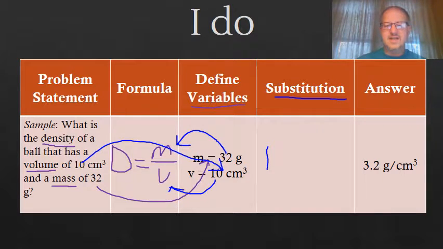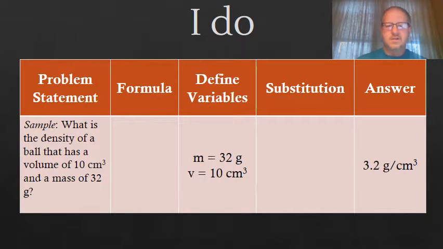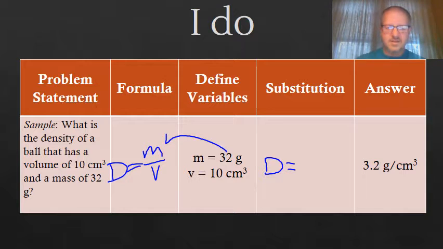Density equals mass divided by volume. Oops, I did that wrong. What I wanted to do was substitute. I forgot to substitute. So for M, it's 32, and for volume, it's 10.